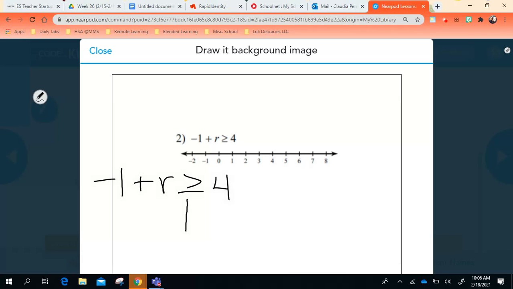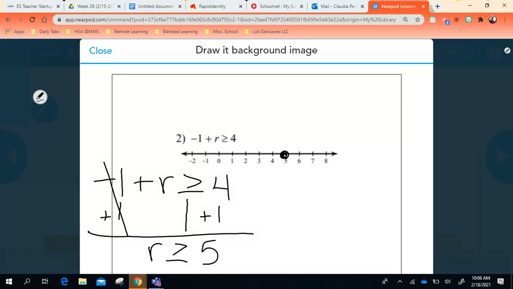You had to add 1 to both sides. This gave me 0, and 4 plus 1 is 5. So greater than or equal to, is that a closed circle or open circle? Closed circle. Now, is 4 greater than 5 or is 6 greater than 5? 6 is greater than 5. So I'm graphing to the right.